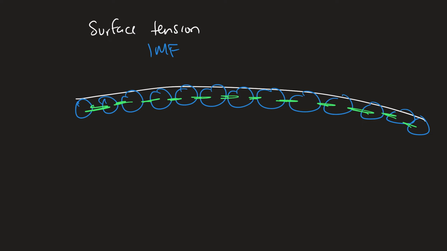There's even a particular lizard that is able to run and walk on water, and that's simply due to the surface tension of water, which is caused by the intermolecular forces on the surface of the water. Particularly for water, it is hydrogen bonding, which is a relatively strong intermolecular force. And so that's what surface tension is. These are some of the properties that we typically study when we're looking at liquids.